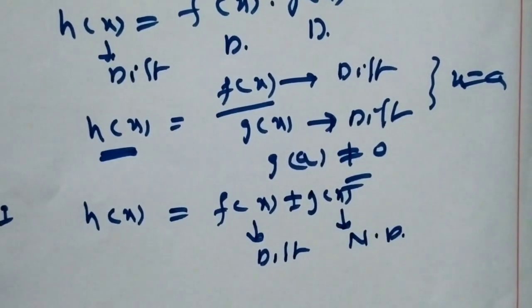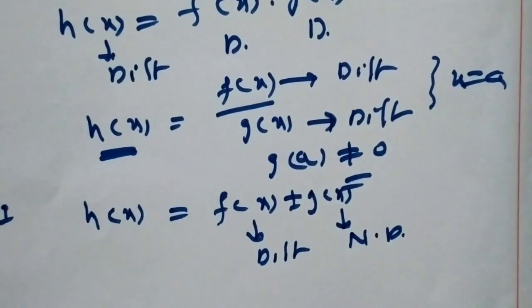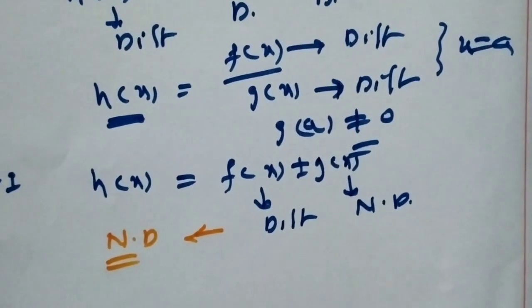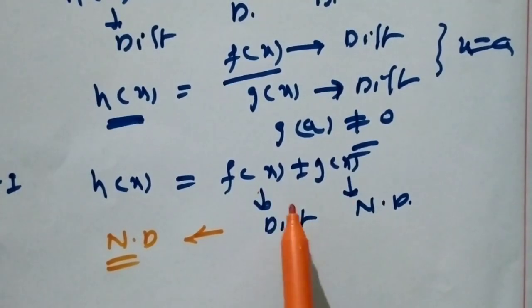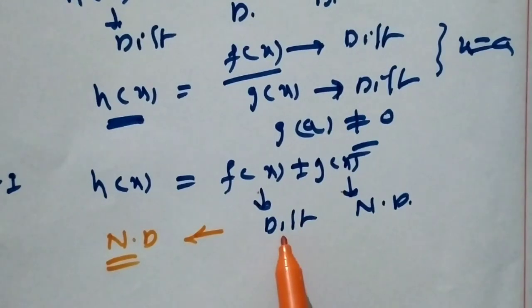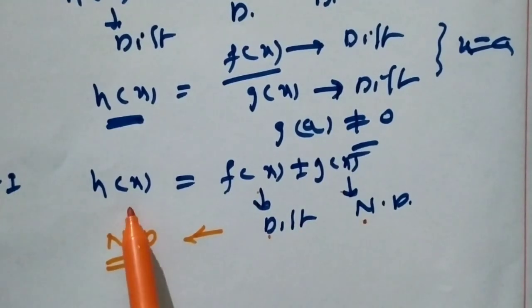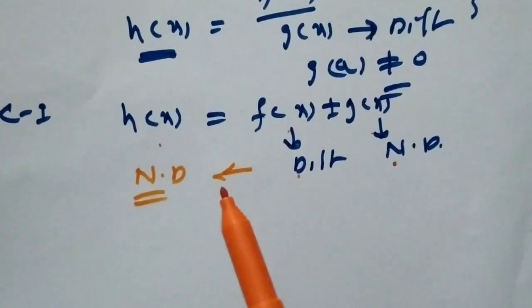If this happens, then the resulting function h of x is a non-differentiable function. F of x plus g of x or f of x minus g of x, if it is a combination of a differentiable and a non-differentiable function, then the resulting function is not a differentiable function in this case.